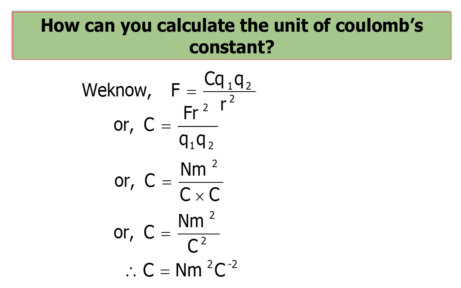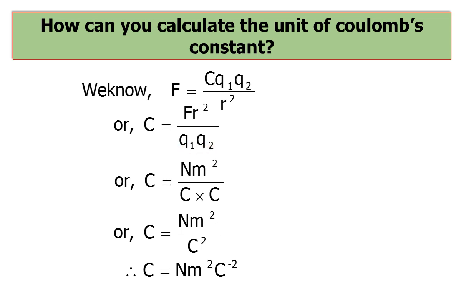Now I am going to talk about the unit of Coulomb's constant. From Coulomb's law, we can write Coulomb force F equal to C Q1 Q2 divided by R square. If you want to calculate the unit of Coulomb constant C, then we can write the equation in that way: C equal to F R square divided by Q1 into Q2.